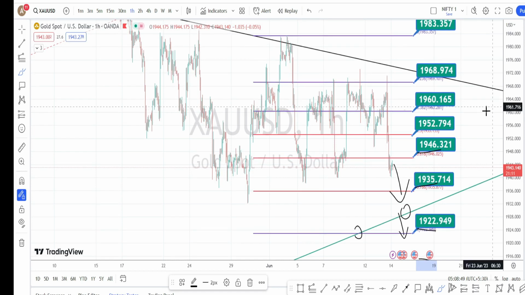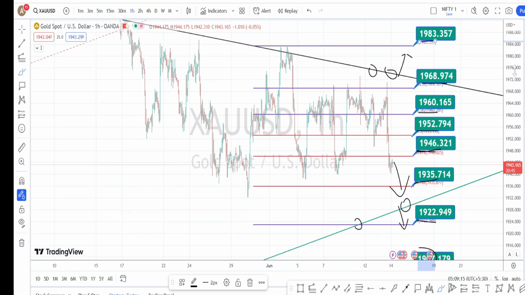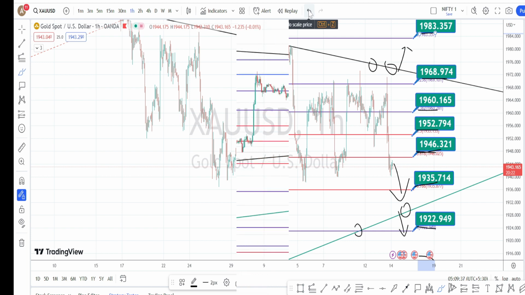And on the bullish side, if the price action breaches this current resistance level of 1946, next level of resistance is going to be around 1952, 1960, 1968 and the resistance line from the 4 hours time frame. And if the price action manages to breach this resistance level also, next level of resistance is going to be around 1983.